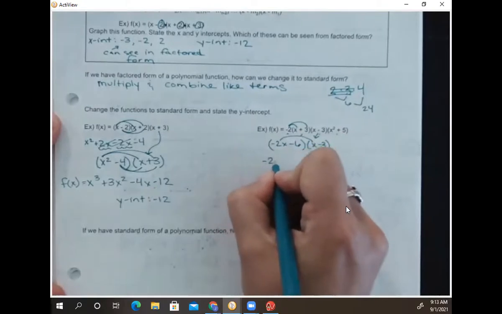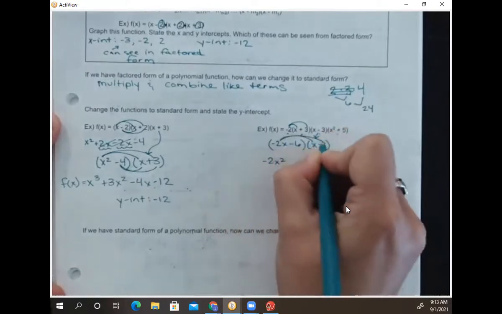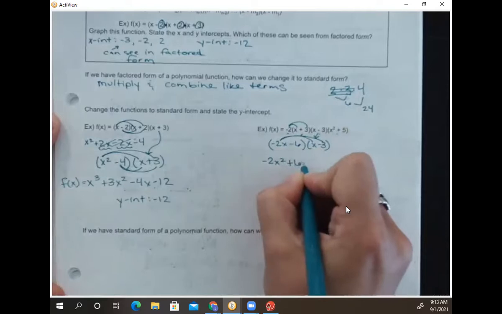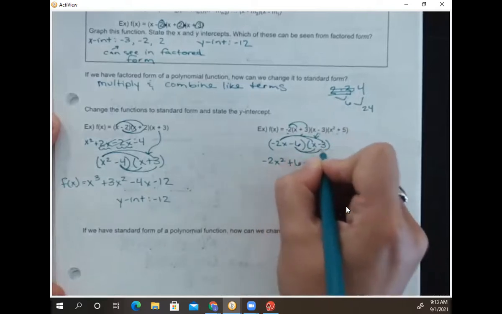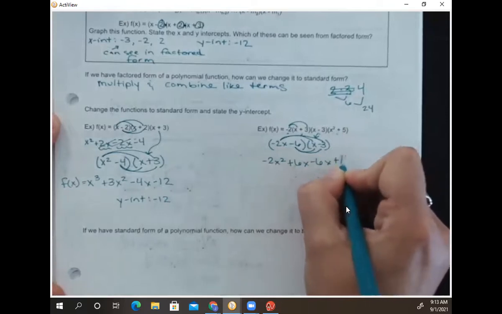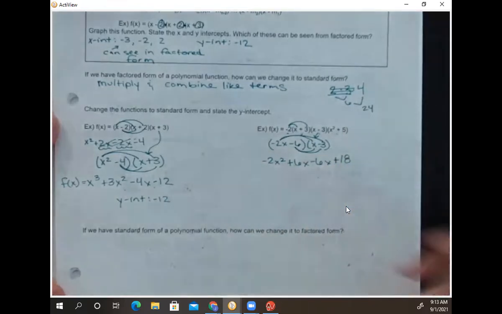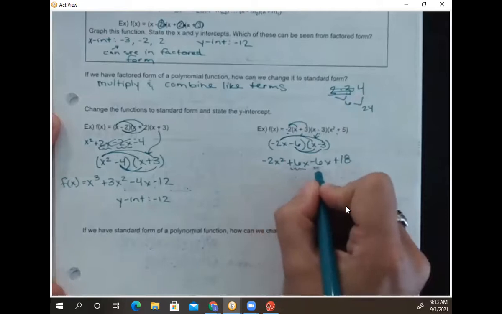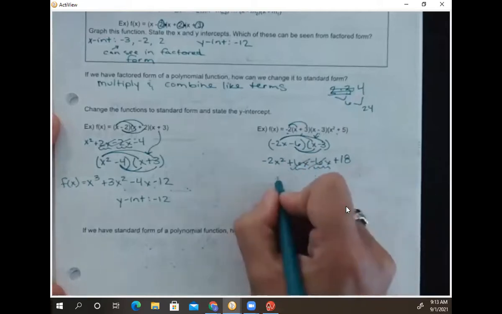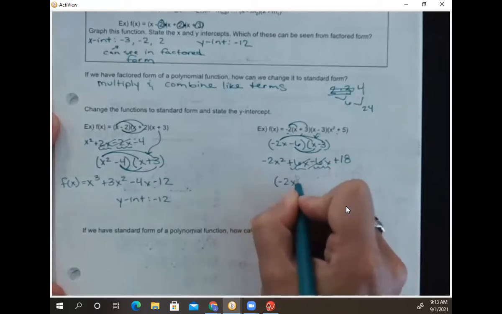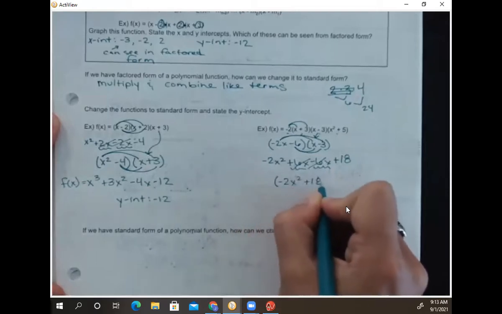So this would be -2x squared plus 6x minus 6x plus 18. I'm going to combine like terms here. 6x minus 6x means my x's are gone. And I've got -2x squared plus 18.